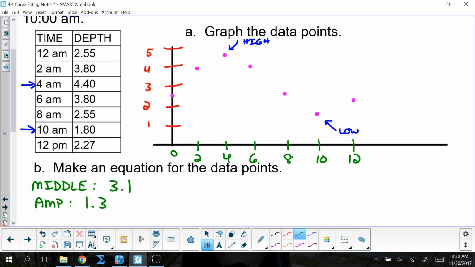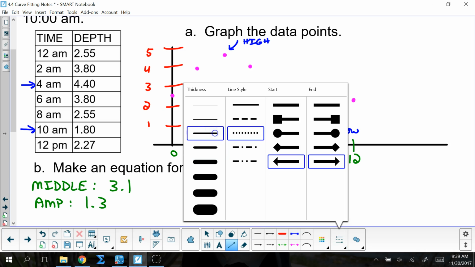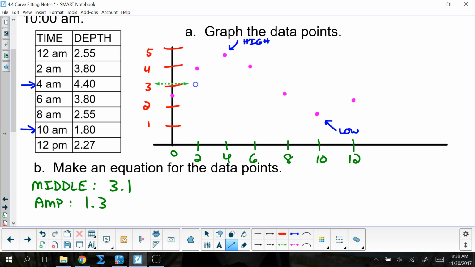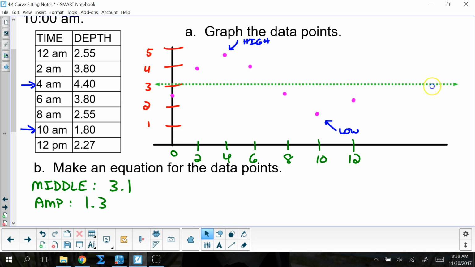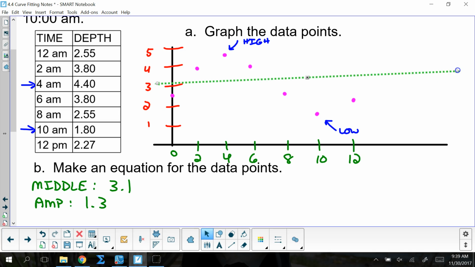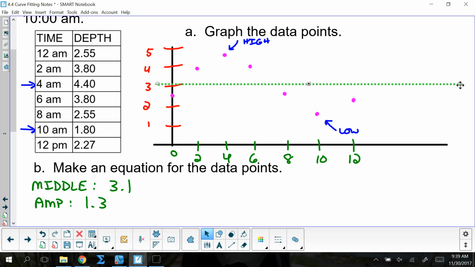Now, I am going to put upon my graph at 3.1 my midline. Okay, it looks straight.